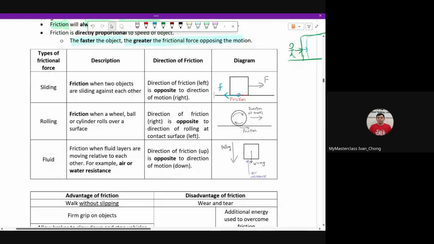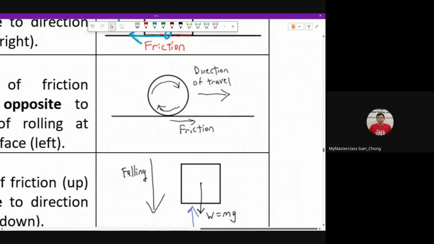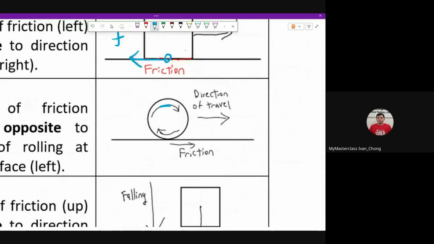And if you look at a wheel, the wheel will turn in this direction, correct? So where is your contact surface area? Contact surface area is right at the bottom. So where would my friction be acting? Friction will always be opposite to the direction of relative motion itself.